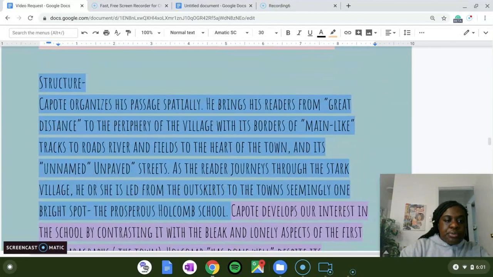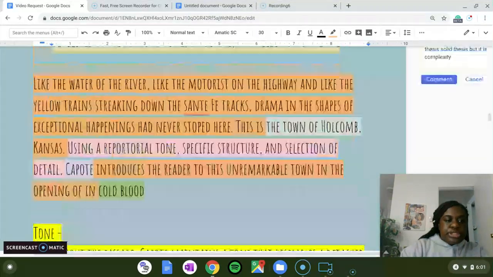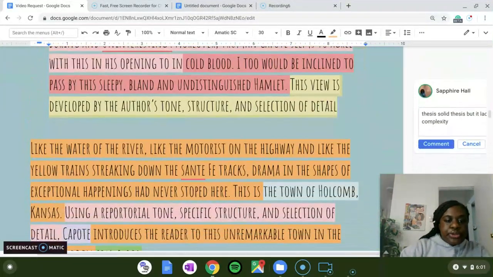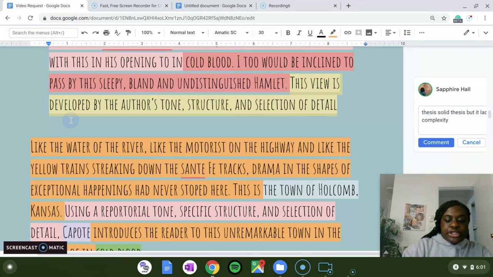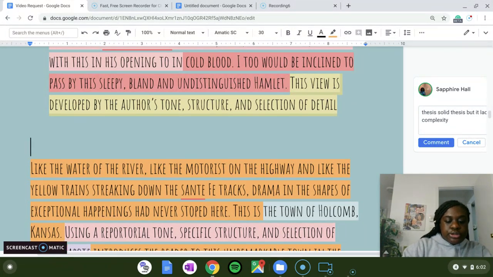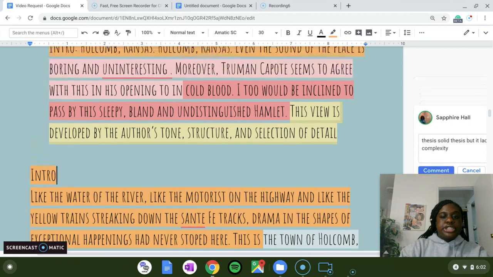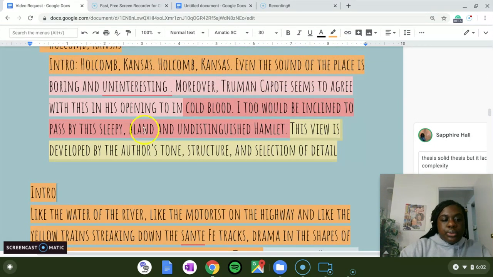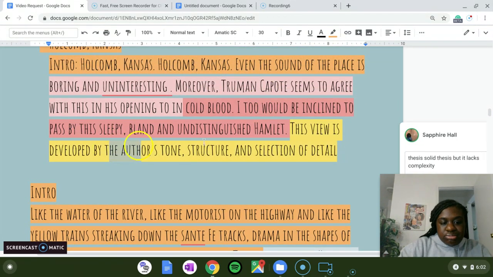Okay, so we wrote these two wonderful thesis or introduction paragraphs. Let's do intro. This is an introduction paragraph too. So I'm just going to copy and paste this for now.